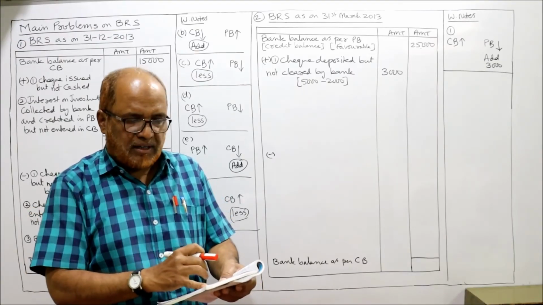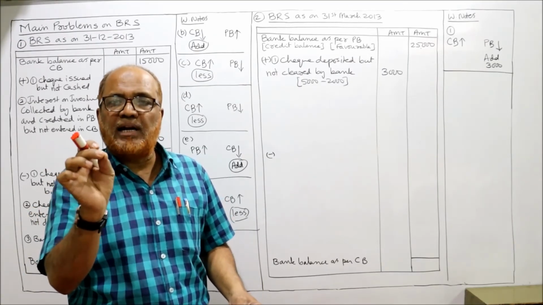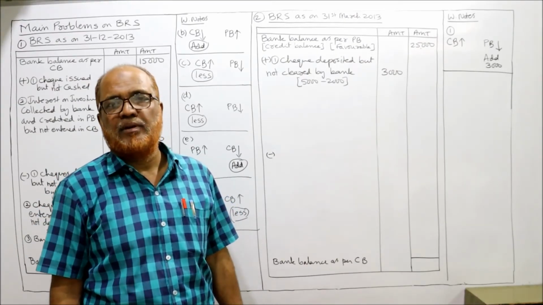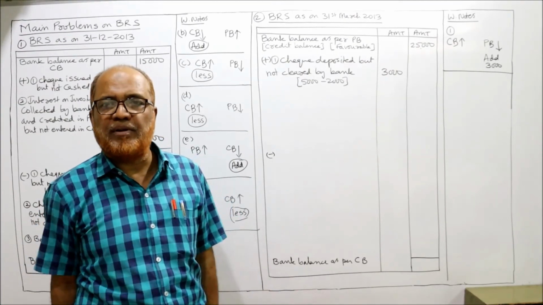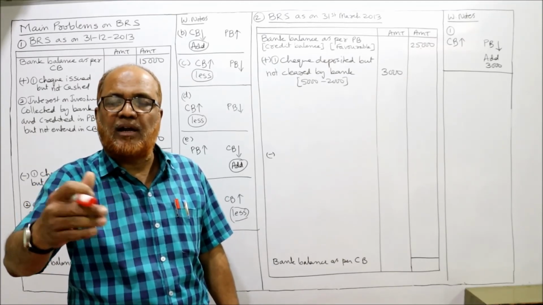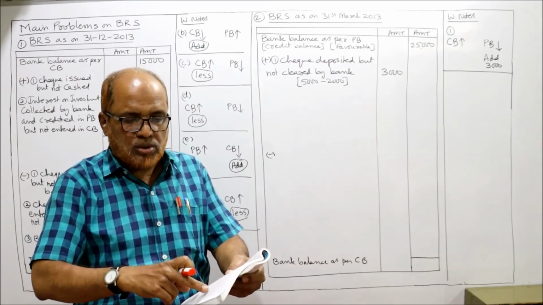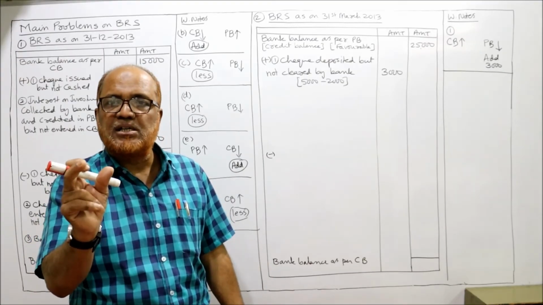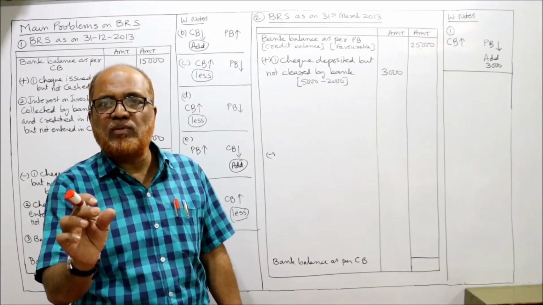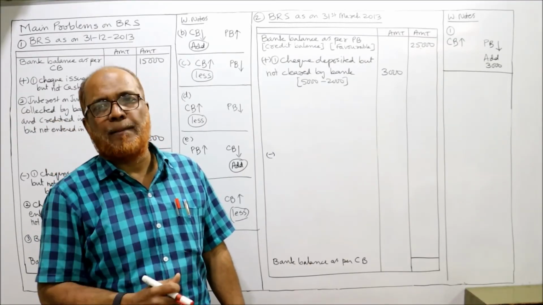Out of 7,500, 2,400 worth of checks were not presented for payment. Remaining was presented for payment. Understood? So the difference will arise for 2,400, right?